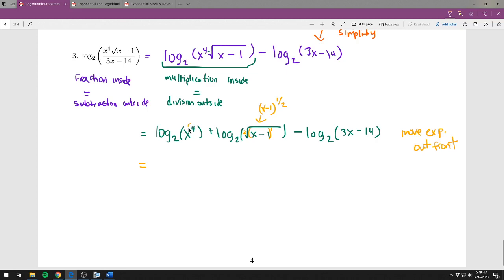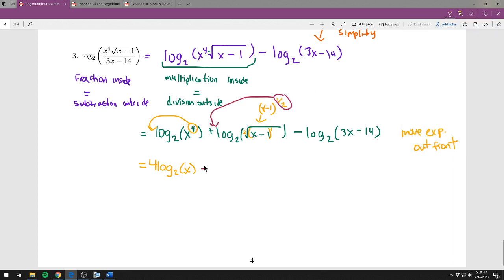Okay, so we take the 4, we move it out front. We got 4 times log base 2 of x. Take the 1/2 here, the exponent. Now we move that out front.